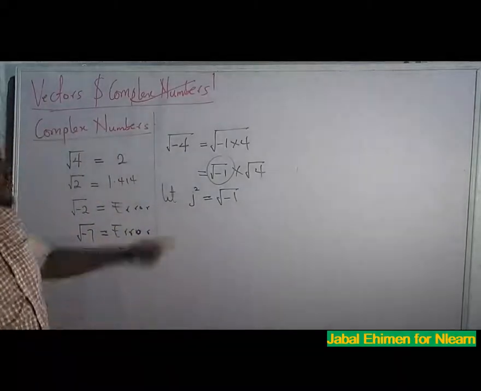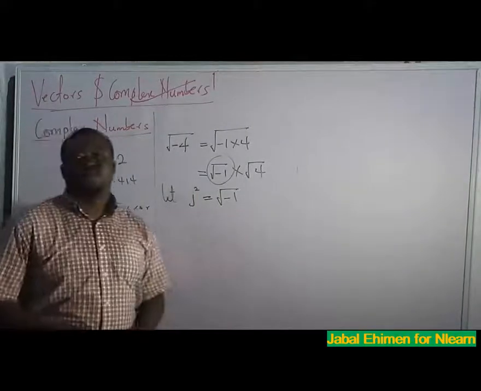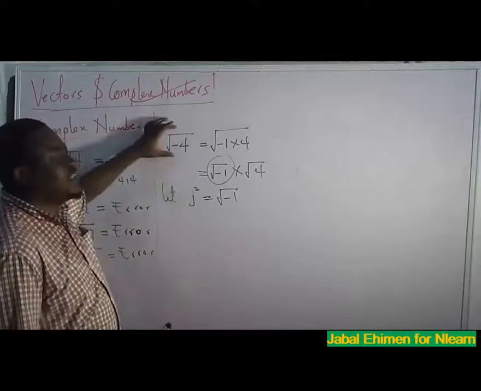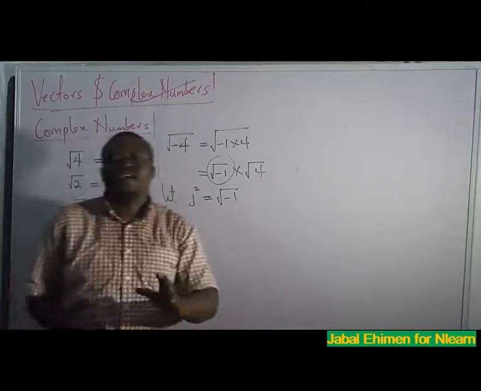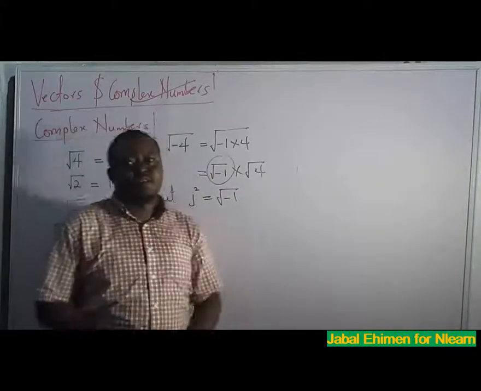So if I have these two values, I can say j squared is equals to minus 1. So when values have minus in the square root, you basically refer to them in this state as complex numbers.